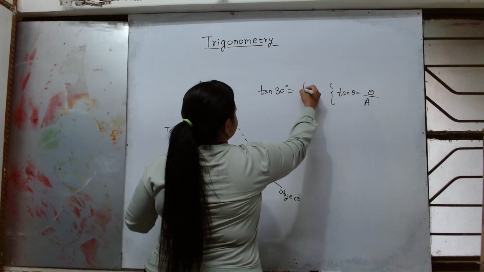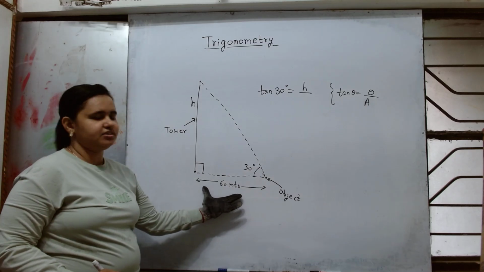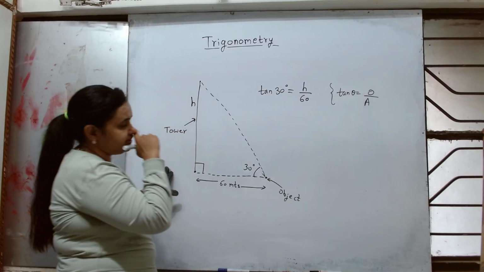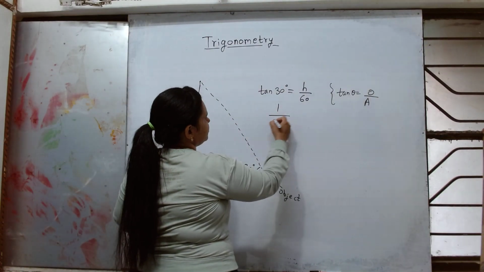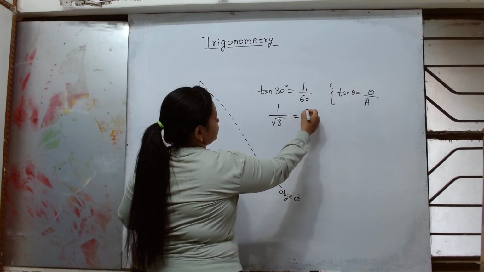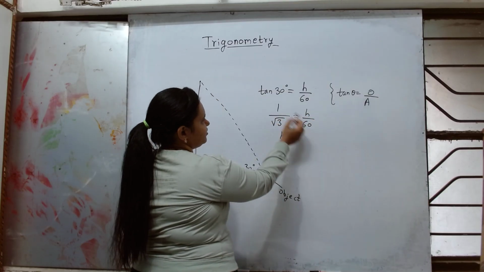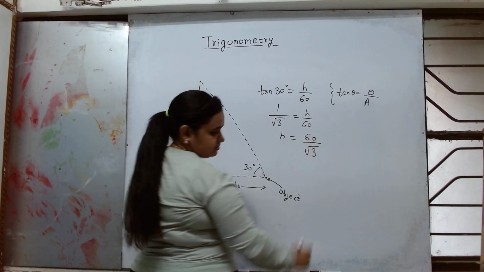We don't know it, so we write it as h. And adjacent to 30 degree is 60 meters. Now tan 30 is 1 upon root 3. So we can put the value: 1 upon root 3 is equal to h upon 60. So h will be equal to 60 upon root 3.